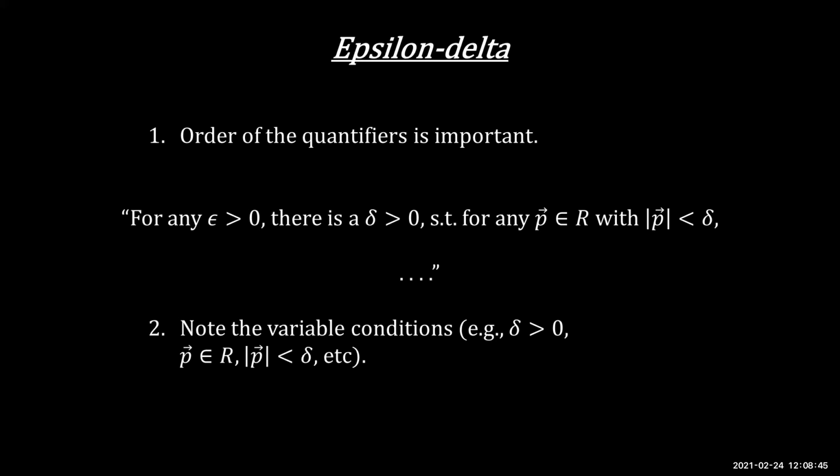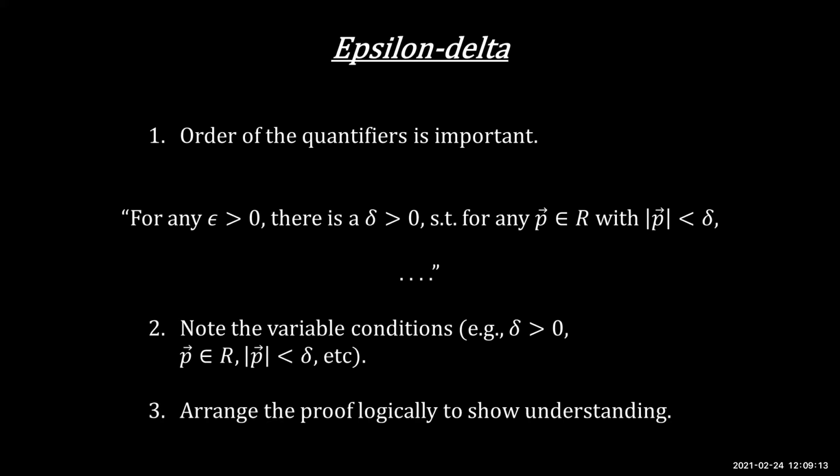That's because we first need to make sure that the vector p we choose is indeed in the set R, and then the length of that vector is indeed less than delta. So an arbitrary vector is not enough unless these conditions are satisfied. Alright? This type of errors can always be overcome as long as we read the definition carefully.